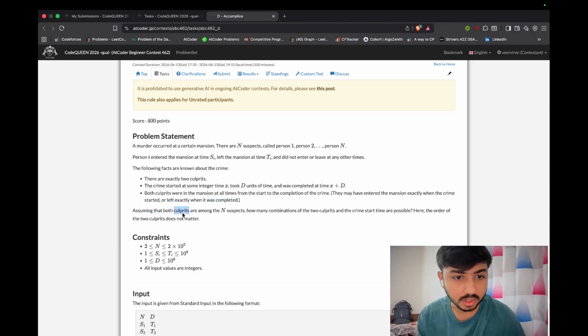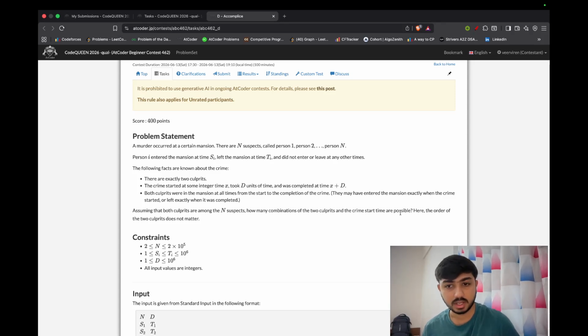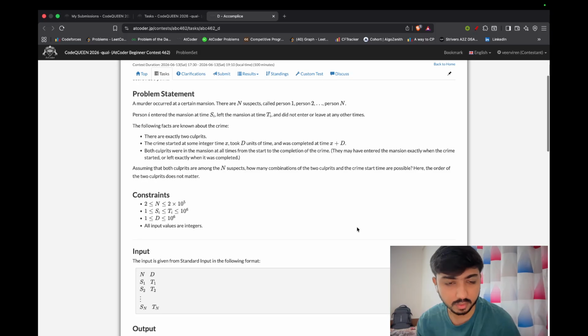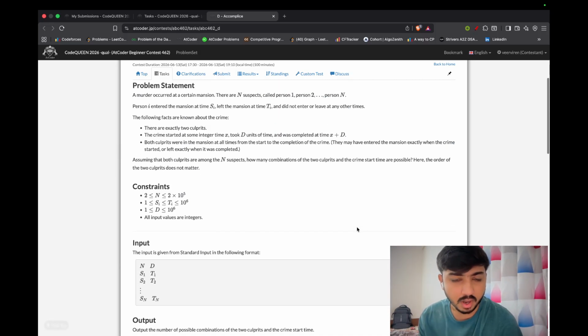Assume that both culprits are among the n suspects. How many combinations of two culprits and the crime start time are possible? Here, order of the two culprits does not matter. Okay, I didn't get the point.